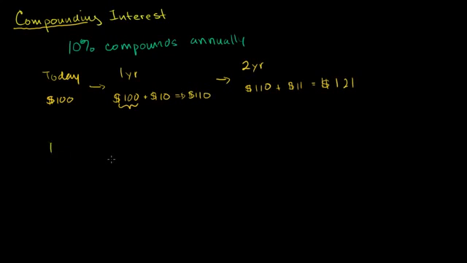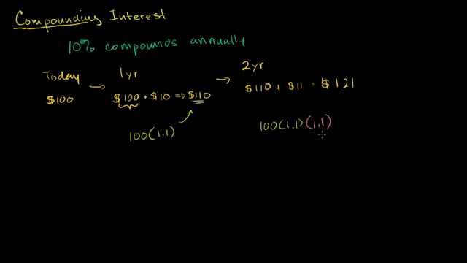To get to this number right here, we just multiplied. That number is 100 times 1 plus 10%, or 1.1. Now this number is going to be this 110 times 1.1 again. So it's the 100 times 1.1, which was this number, and now we multiply that times 1.1 again.